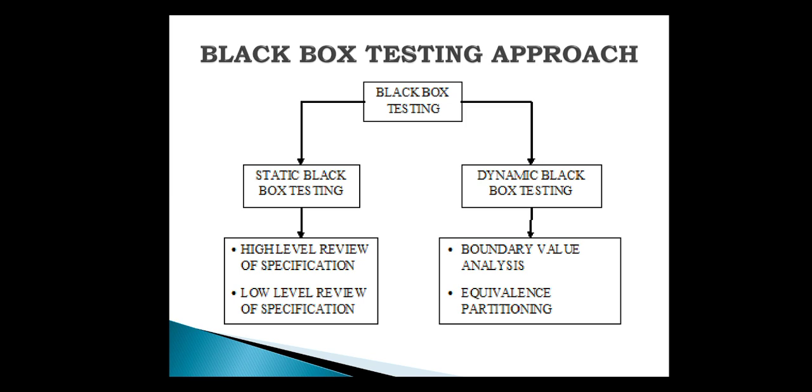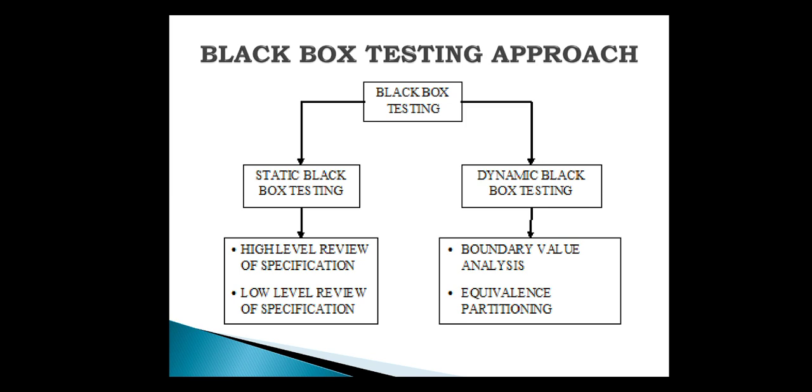What kind of documentation do you need to test under static black box testing? You need to test a high level review of specification and a low level review of specification. We'll see further what they are. In dynamic black box testing, dynamic means you need to execute an application.